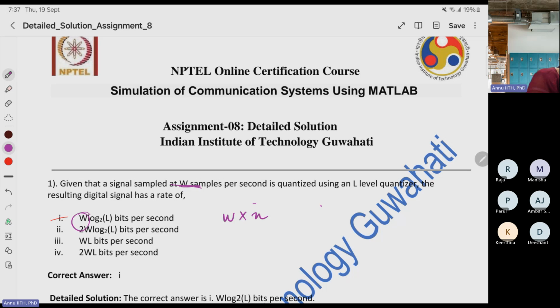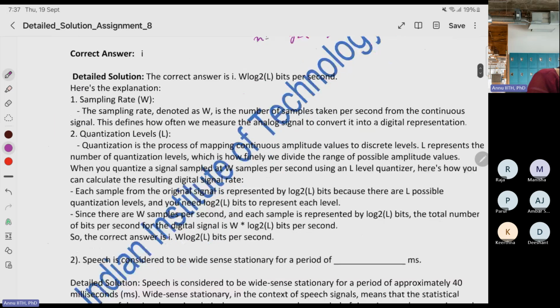So the rate is given by W into n, where n is log 2 L. That's why the rate is W into log 2 L. Okay.